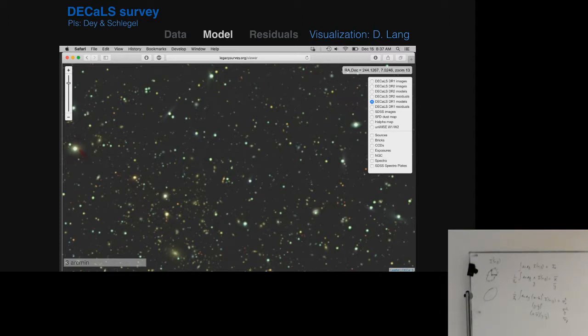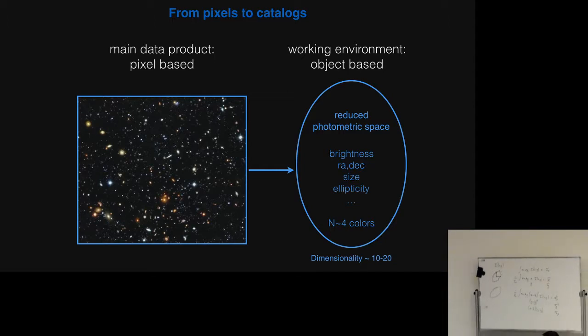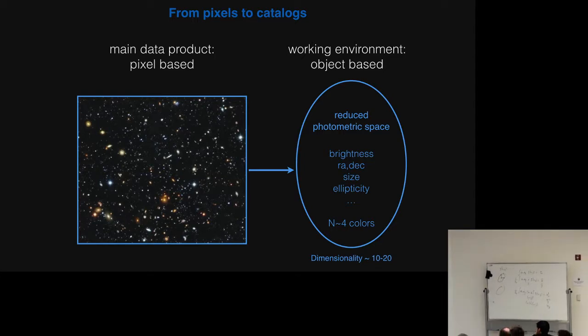So this is very powerful, and this is done all the time in astronomy. The game very often is to go from a pixel-based space to an object-based space. Here we have a catalog, and in the catalog you will find brightness, position, size, ellipticity. Those parameters are exactly the numbers that I derived on the board.